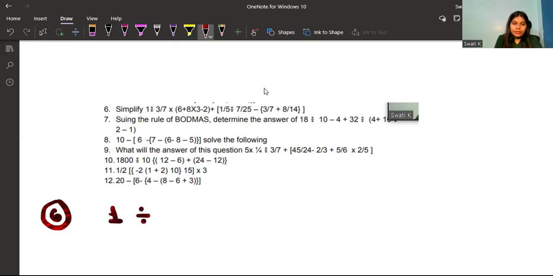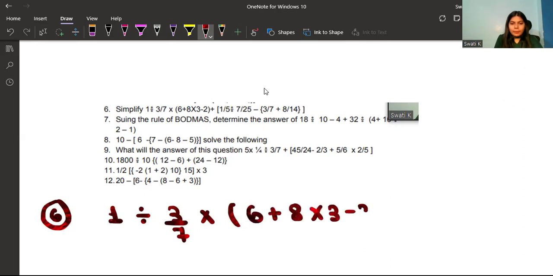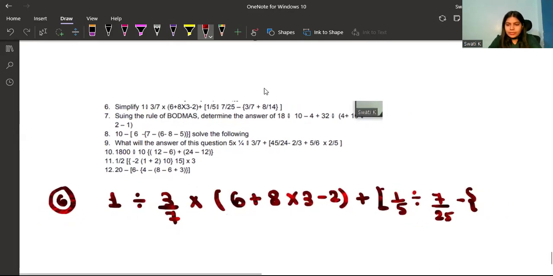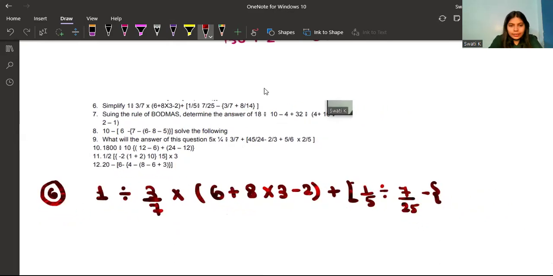So 1 divided by 3 by 7 times, in bracket we have 6 plus 8 times 3 minus 2, plus big bracket we have 1 by 5 divided by 7 by 25 minus curly bracket, and then 3 by 7 plus 8 by 14, and then curly bracket closed, big bracket closed.